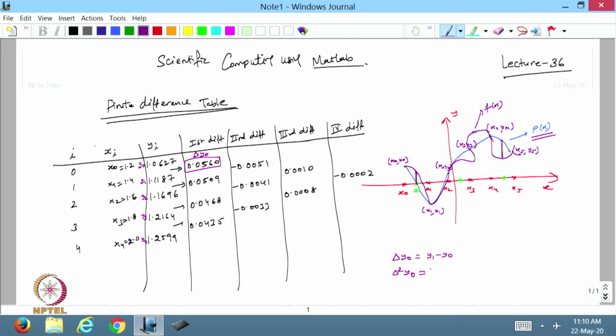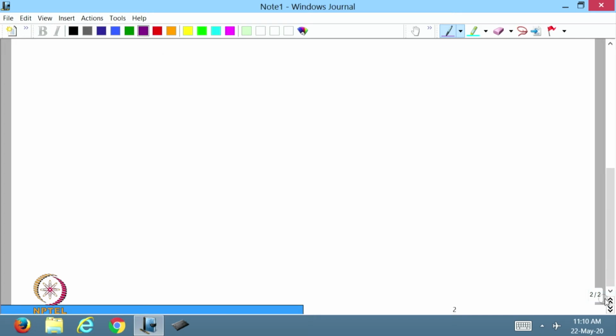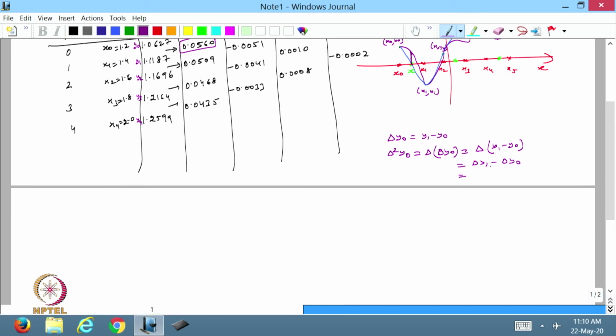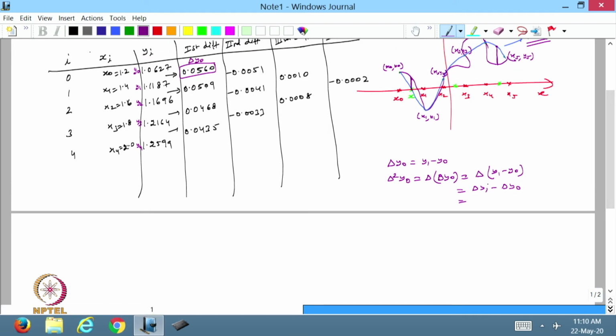Again I am taking 2 times of this, so I can write y1 minus y0, and from here y1 minus forward operator, so I have taken this value minus this value.